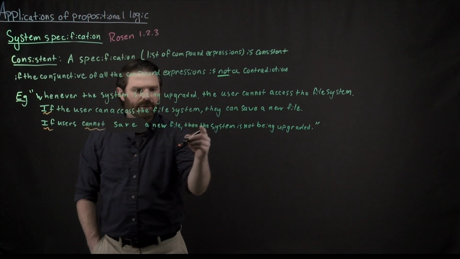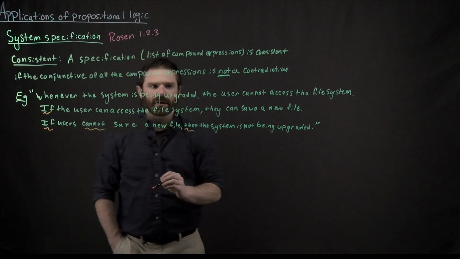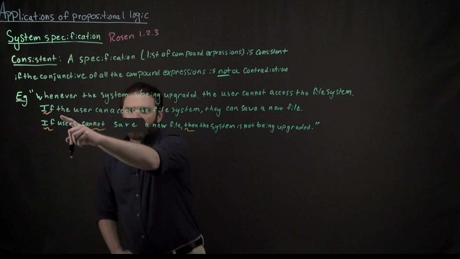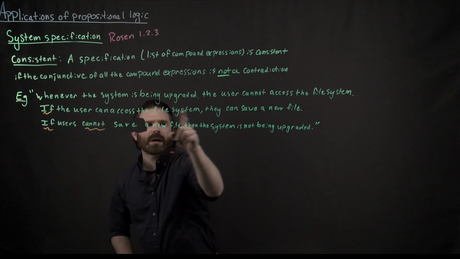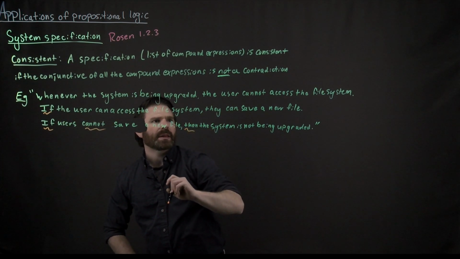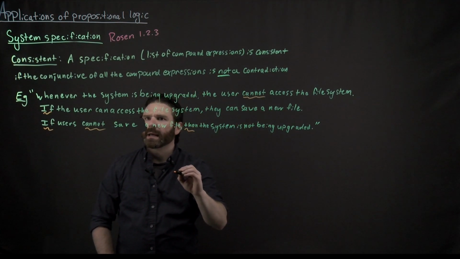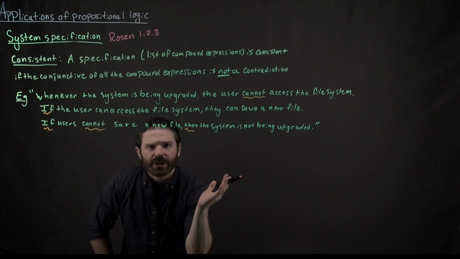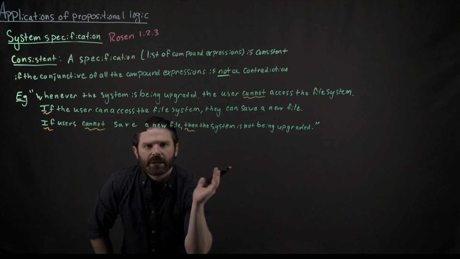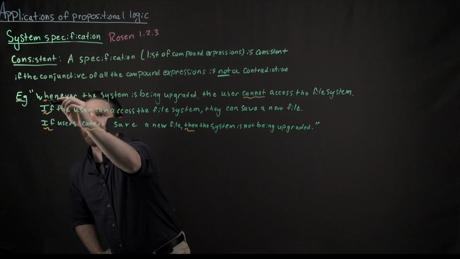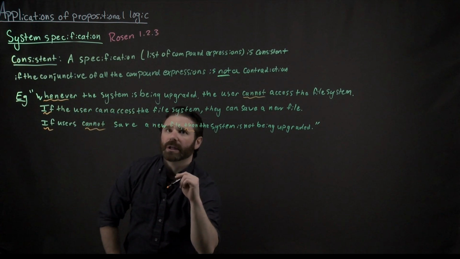I see an if that goes with this then right here. This little if right here, well, implicitly there's a then right there. I see a cannot here, and if I recall from implication, that whenever is another way that we can state implication. So I know that this is going to have to do something with implication.